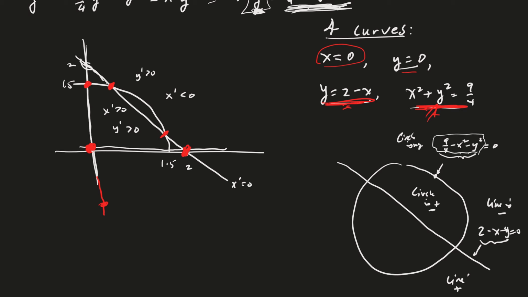Any point inside the circle would be positive. Outside the circle, it's negative. Okay, so I got those flipped somehow. That's important because I was just about to draw the wrong line. So in this region, we're going to be going down because y prime is negative.